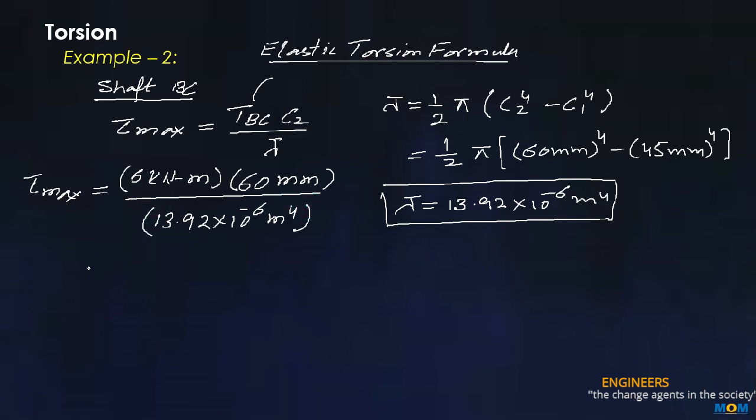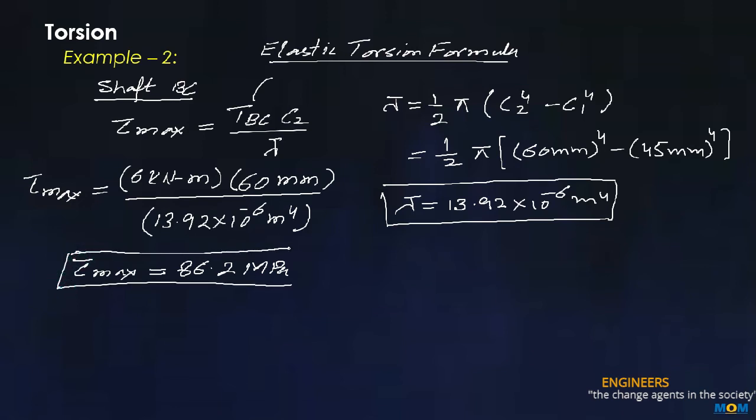Now after solving this, we have the value of tau max, that is 86.2 megapascal. Now we have calculated the value of tau max in the hollow shaft.